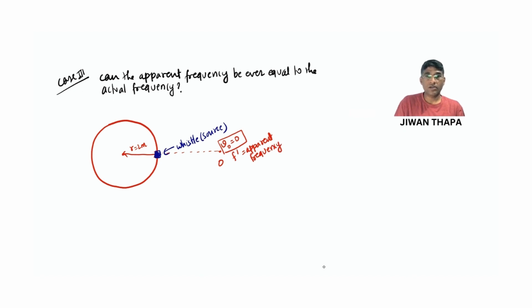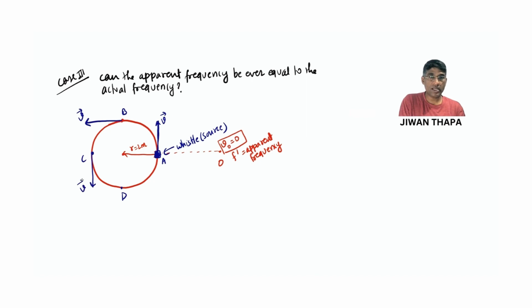Okay, so I have considered 4 different points. This is A, this is B, this is C, and this is D. The direction of velocity at point A is this. The direction of velocity at point B is this, that is along the tangent.